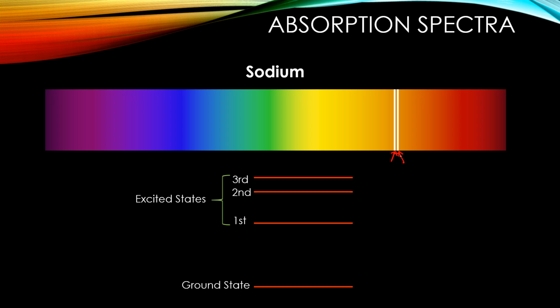And so that means that there are 2 different ways that one electron in the valence shell of a sodium atom can absorb light. Now I don't know whether it's going from the ground state to the first energy level, or to the second, or to the third, or even from the first to the second, or from the first to the third. However, it is certainly 2 of any of these possible outcomes. It's certainly 2, because there are 2 different wavelengths of light that it absorbs.